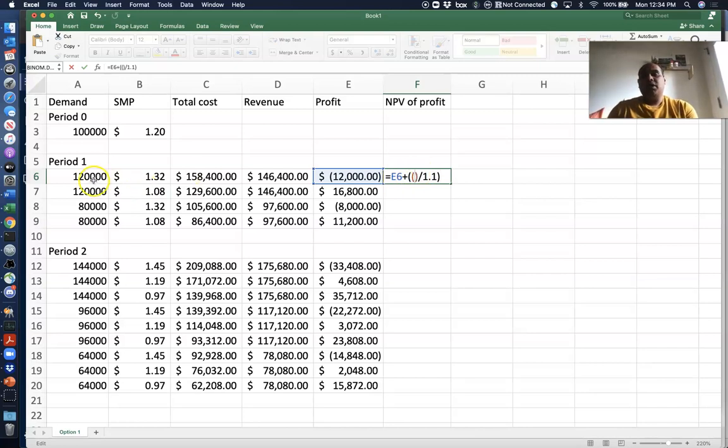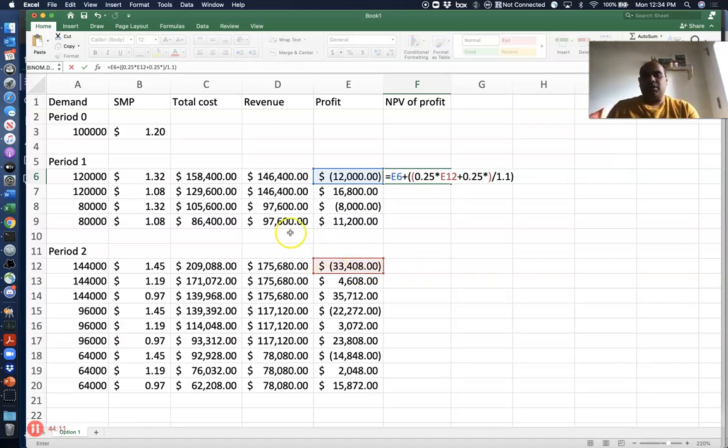In 1 year, demand can go up and price can go up. So there's a 25% chance that this will be your profit, because demand goes up, price also goes up, and you'll end up making a loss.